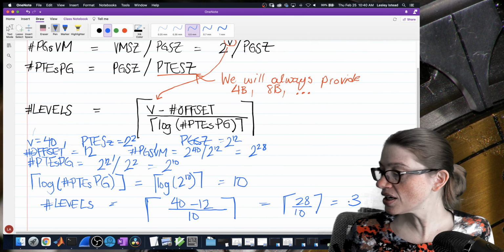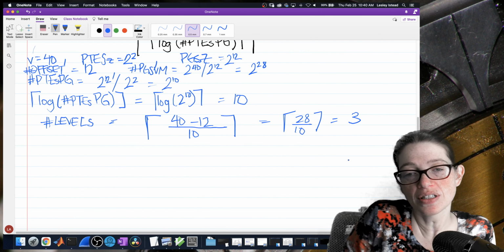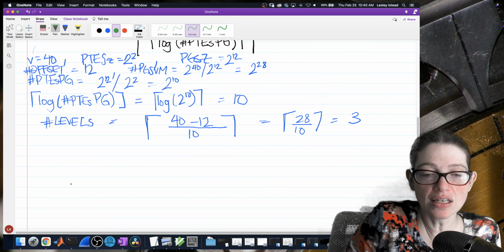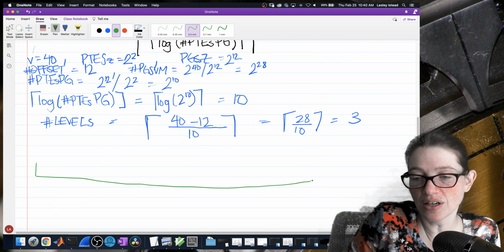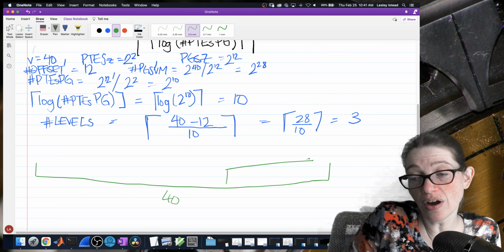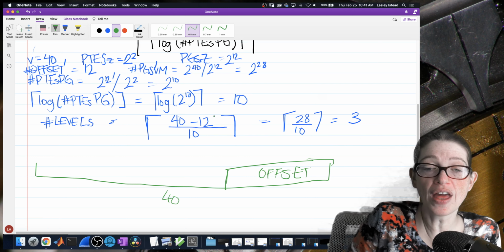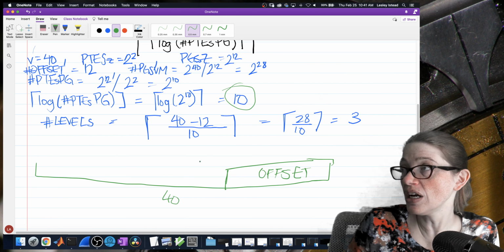Now, if you're having a hard time visualizing how that actually came to be, one of the things you can do is to look at your address like this. So here's my 40 bits, and I know that the lower 12 are going to be the offset. And then I know that I need 10 bits for each page number.